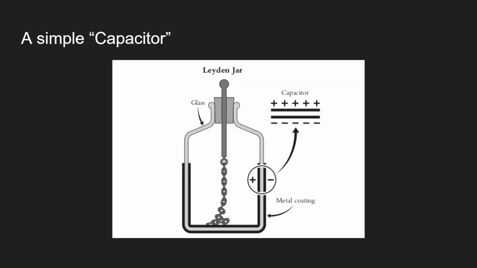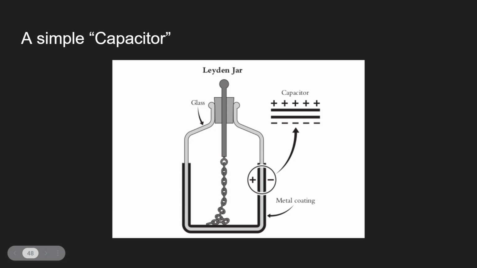So a Leyden jar is actually a very old style capacitor. Okay, so in a capacitor, we have charge on one side. You see that in a Leyden jar, it is separated by a glass. The inner side with a metal coating cannot be connected with the metal coating on the outer side.